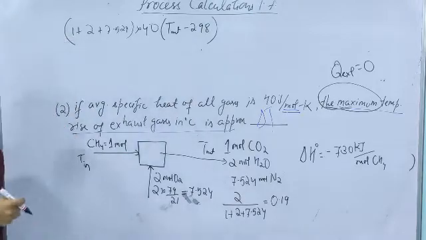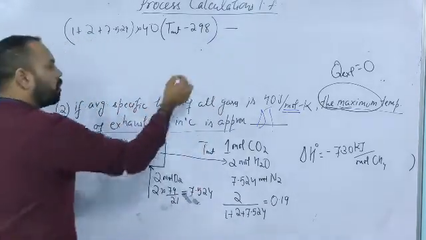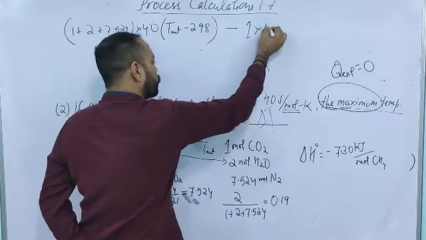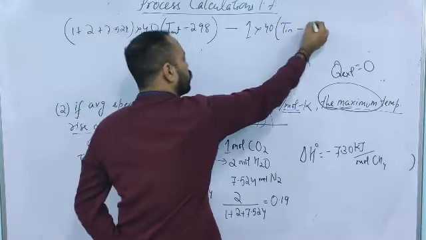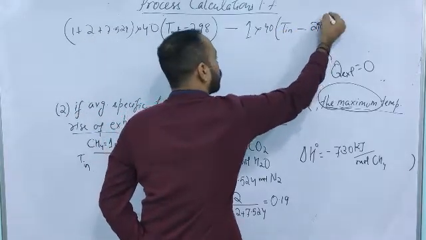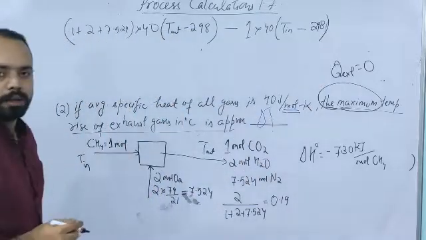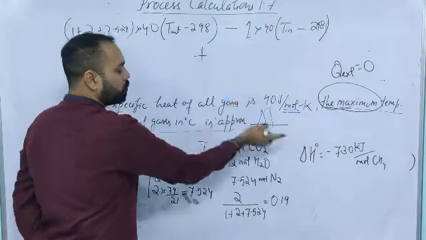Fine. Minus enthalpy in. What is enthalpy in? 1 mole multiplied by Cp, which is 40, into T in minus 298 Kelvin. Fine. That is the enthalpy in part. Enthalpy out minus enthalpy in plus enthalpy of reaction, which is 730.